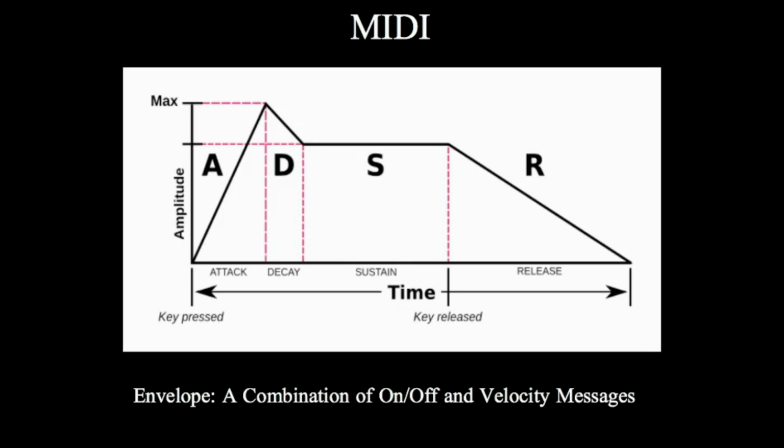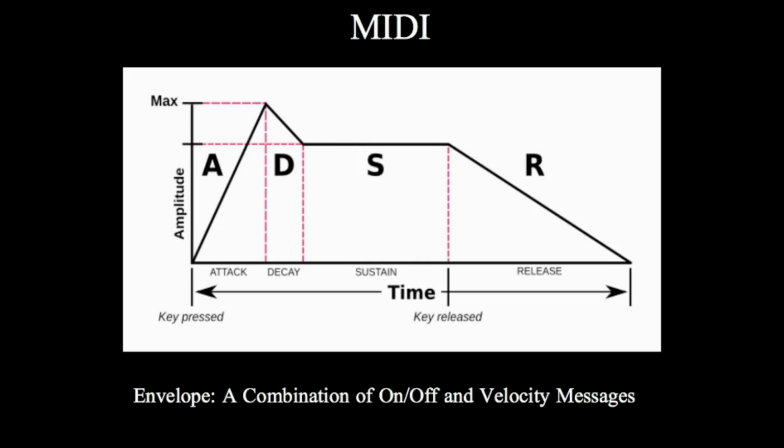So here we see our envelope, our ADSR, as correlated with the information coming from the keyboard. At the moment in time that I push down the key, that triggers this shape in time of the attack and the decay. And when I release the key, that tells the note to then release, to trail off.